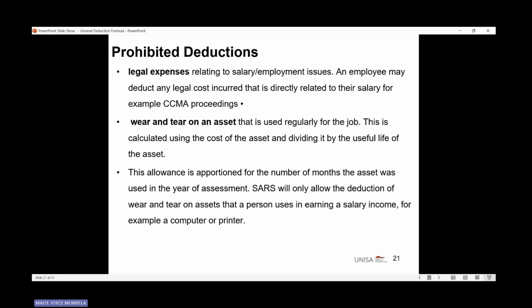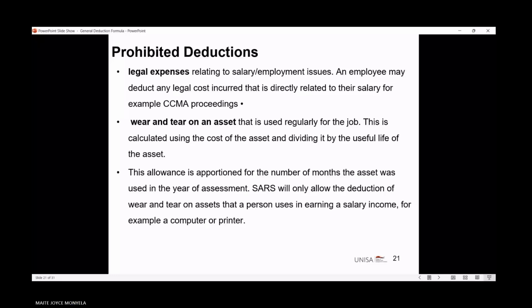SARS will only allow deduction for wear and tear on an asset that the person used for earning salary income. For example, that asset could be a computer and printer.